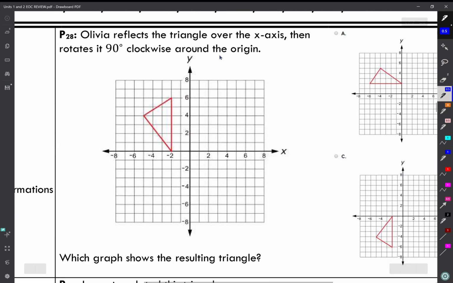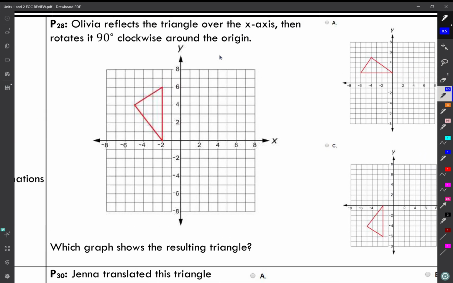Alright, next. Number 28. Olivia reflects the triangle over the x-axis, then rotates it 90 degrees clockwise around the origin. So first let's reflect over the x-axis. That leaves me with this right here. Boom and boom. Okay, so then we want to rotate 90 degrees clockwise. So that means we're going this way.